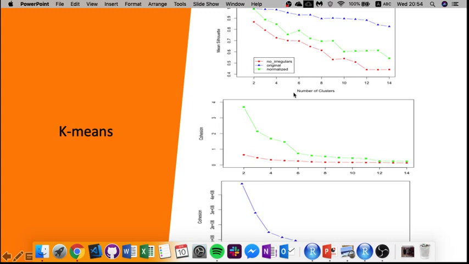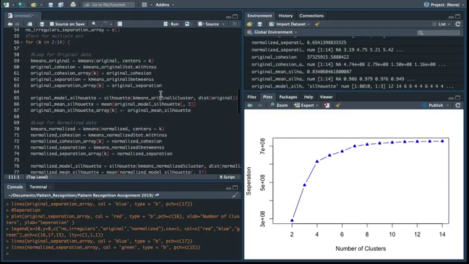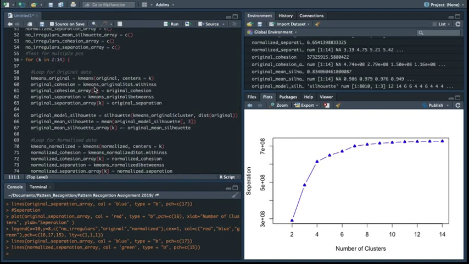So we ran a for loop from 2 to 14, the number of clusters, to get the metrics and decide which number of clusters is the best one for our case.